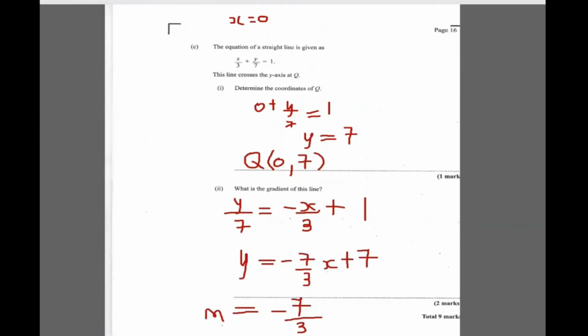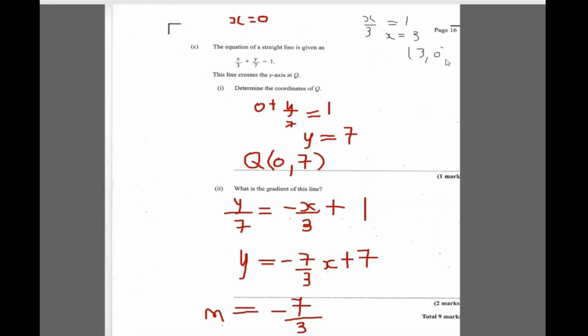Maybe where this line crosses the x-axis. On the x-axis, y is 0. So when y is 0, you get x over 3 equals 1, and if x over 3 equals 1, then x is equal to 3. And so it would cross the x-axis at the point (3, 0).